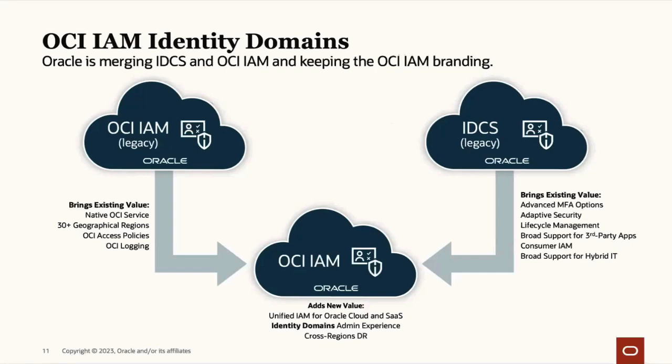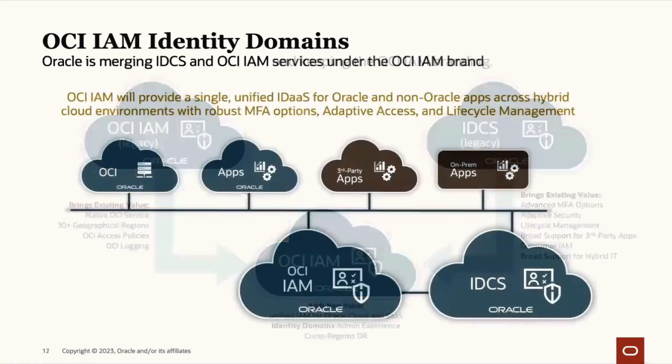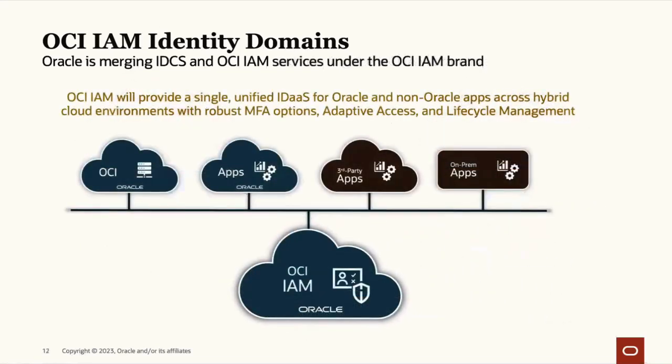All right, thank you, Sunil. So we'll dive into a little bit deeper now of identity domains. So in more detail, these identity domains are able to address the needs of OCI, Oracle applications, and also third-party apps, which could be SaaS, running in the cloud or on-prem.